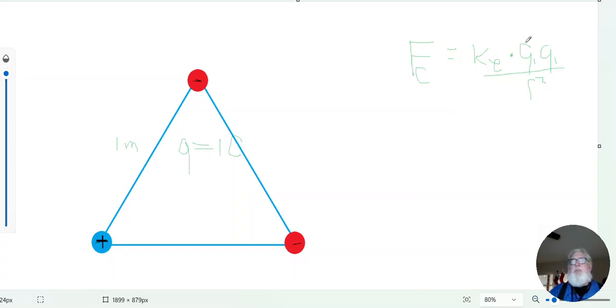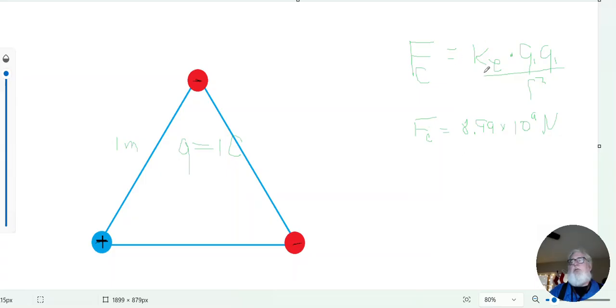So really, the force involved is going to be 8.99 times 10 to the ninth newtons.